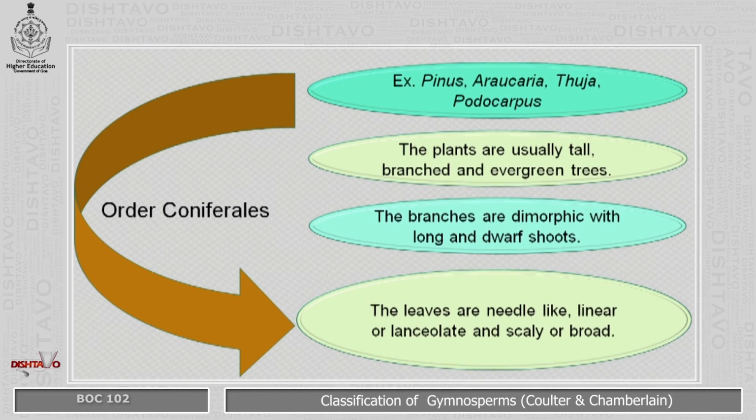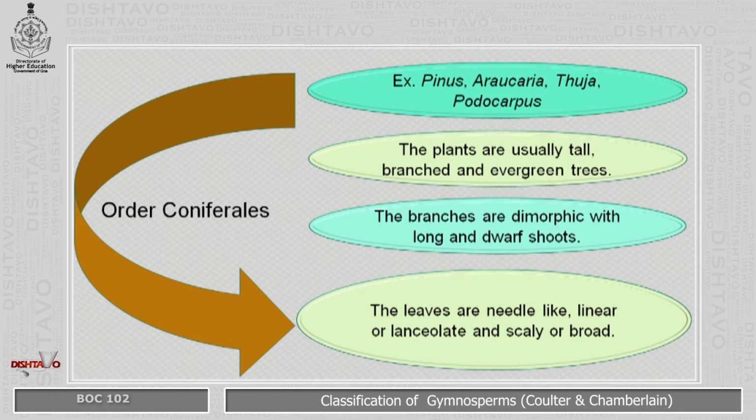The branches are dimorphic in nature, that is, 2 types of branches are present, branches of limited growth and branches of unlimited growth. The branches of limited growth are called dwarf shoots, whereas the branches of unlimited growth are called long shoots.